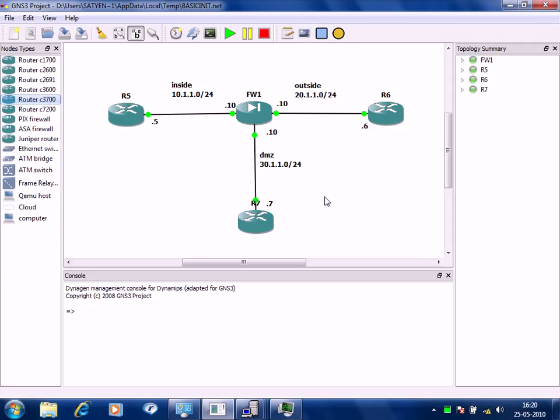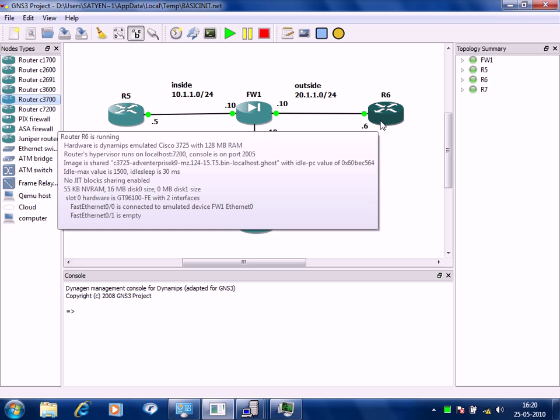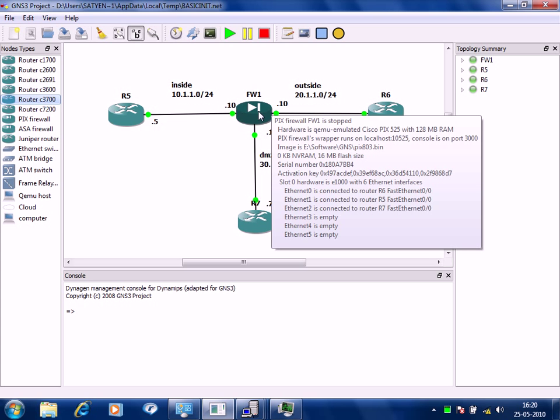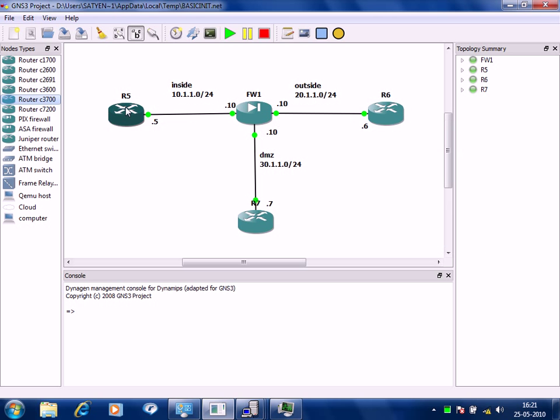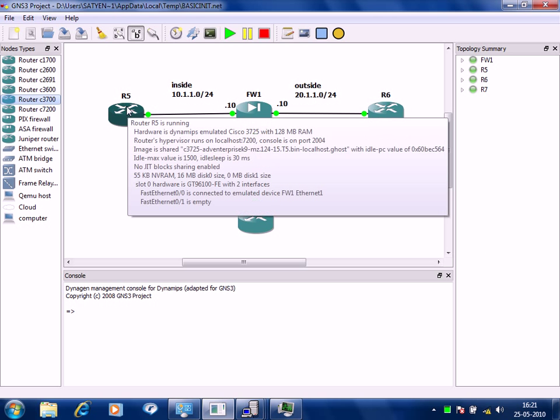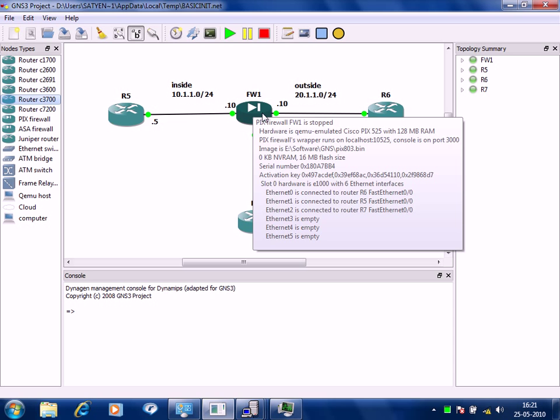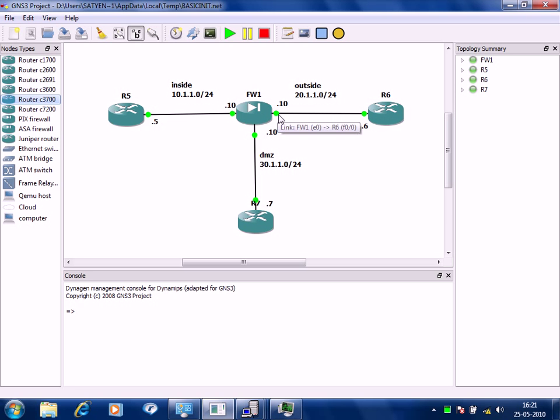So if R5 is initiating the traffic to ping R6, your traffic will reach up to over here. This guy will also send the reply back, but the ASA will deny it. There are two ways to fix it. One is to inspect the ICMP, so only R5 can ping R6, or put the access list inbound on this interface, inbound on outside.